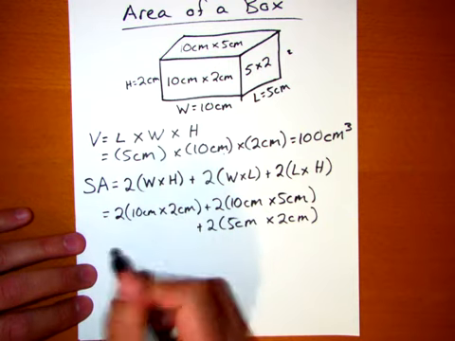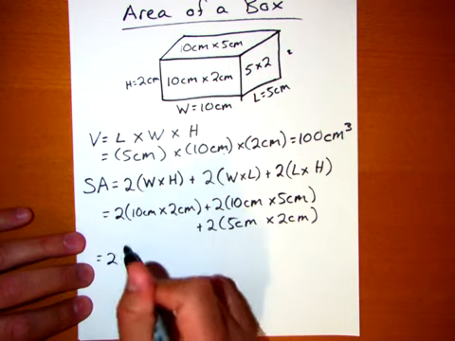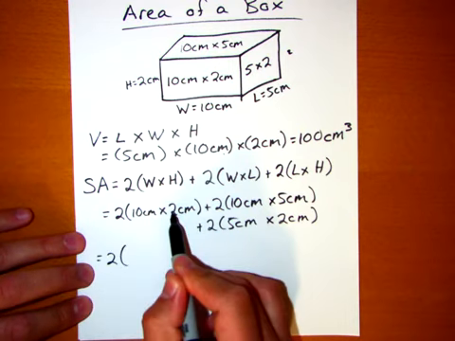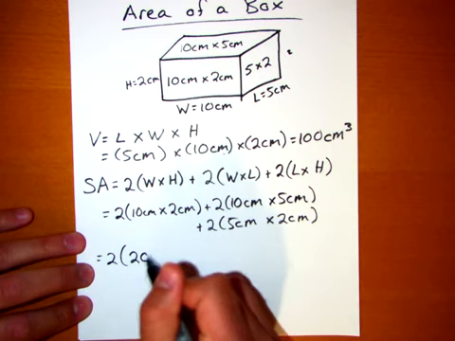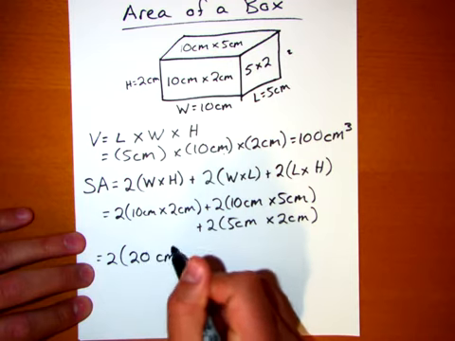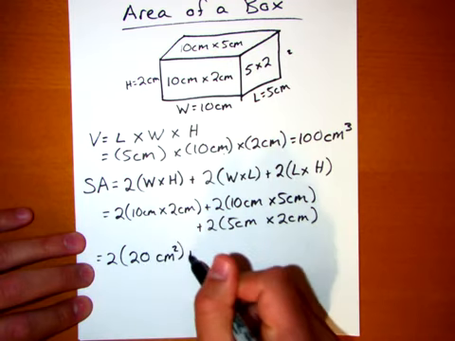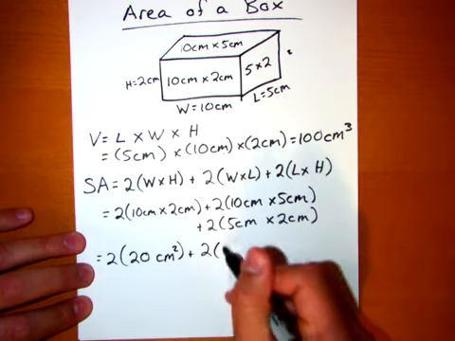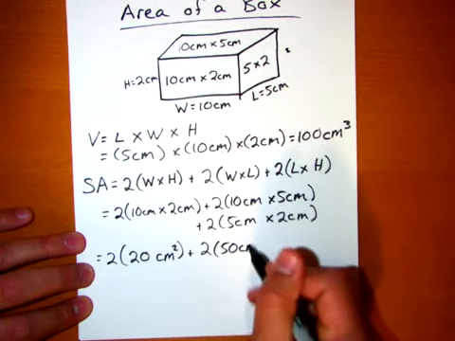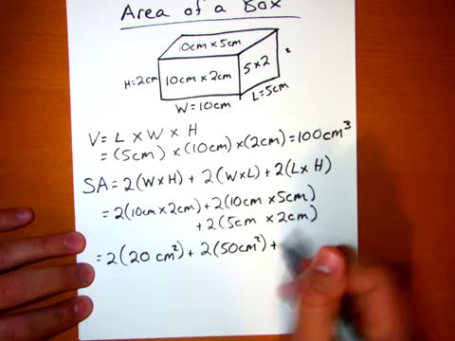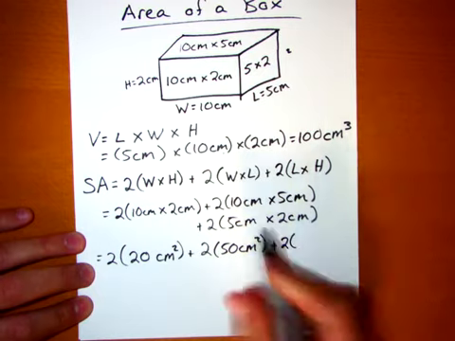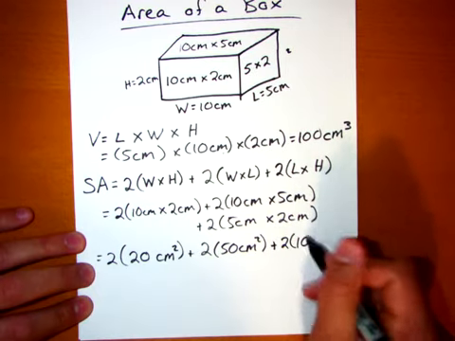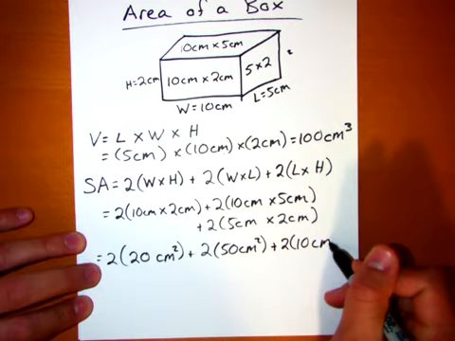So if we go ahead and simplify this, this becomes 2 times 10 times 2, which is 20. So this becomes 20 centimeters squared, plus 2 times 10 times 5, which is 50 centimeters squared, plus 2 times 5 times 2, which is 10 centimeters squared.